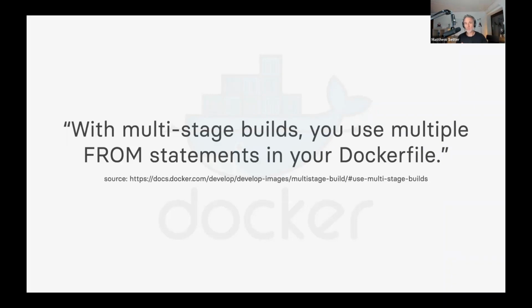If you're not familiar with multi-stage builds, the official documentation, which you can see a snippet of here, says with multi-stage builds, you use multiple FROM statements in your Dockerfile. Diving a bit deeper, multi-stage builds have a host of advantages, such as making it easier to build a Dockerfile that supports multiple environments with one file instead of splitting that across multiple files.